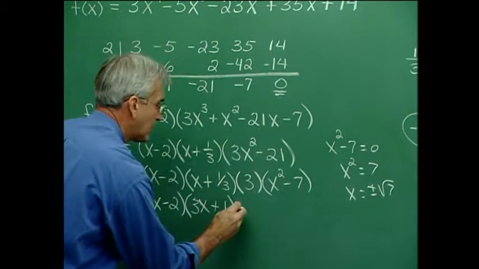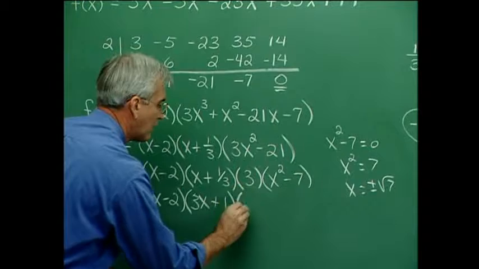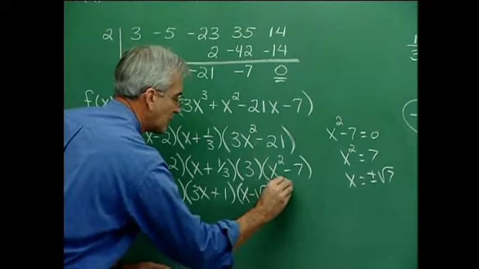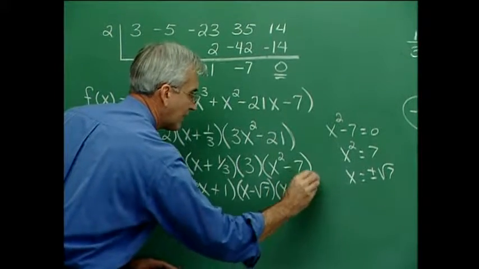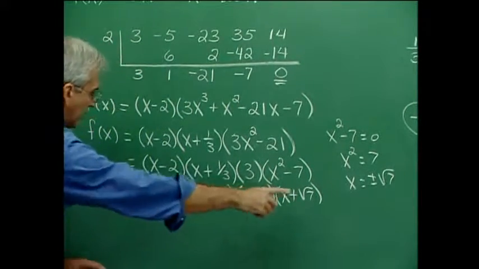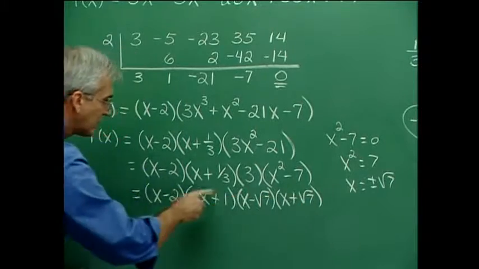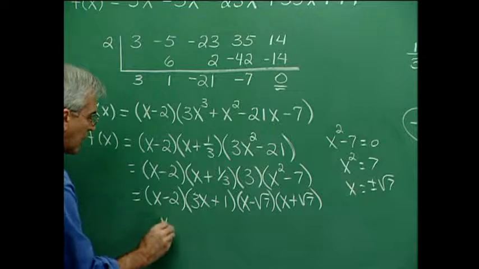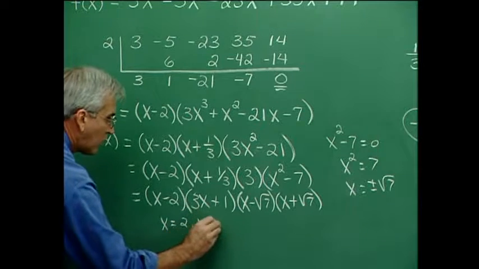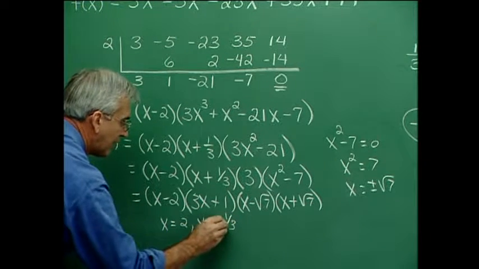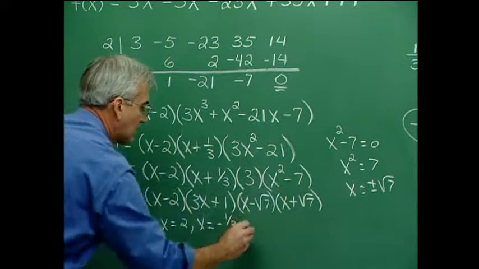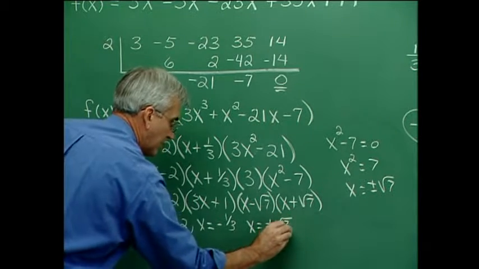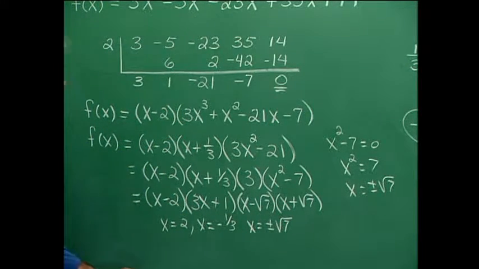So the factored form here is x minus the square root of 7 and x plus the square root of 7. Now the zeros here, we should list the 4 zeros. We have 4 linear factors. We should have 4 zeros. The zeros are x equals 2, x equals the negative 1/3 that we identified earlier, and then the 2 zeros identified over there, x equals plus or minus the square root of 7, so our 4 zeros.